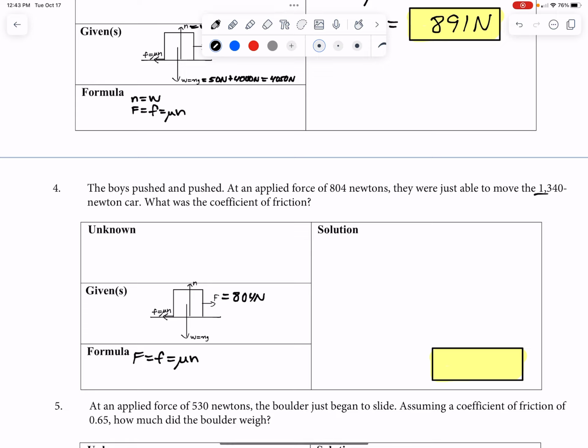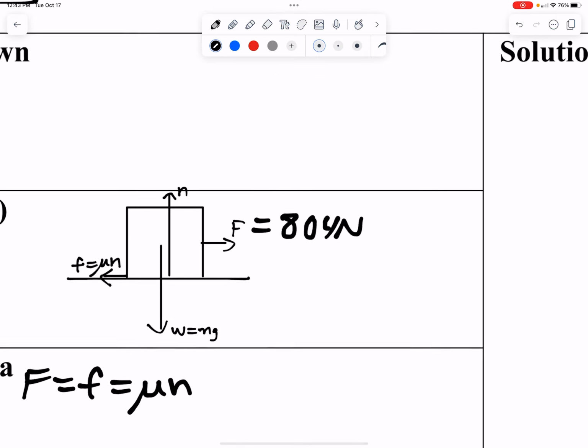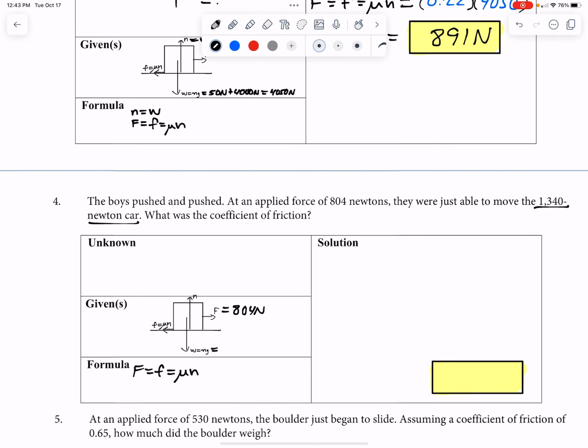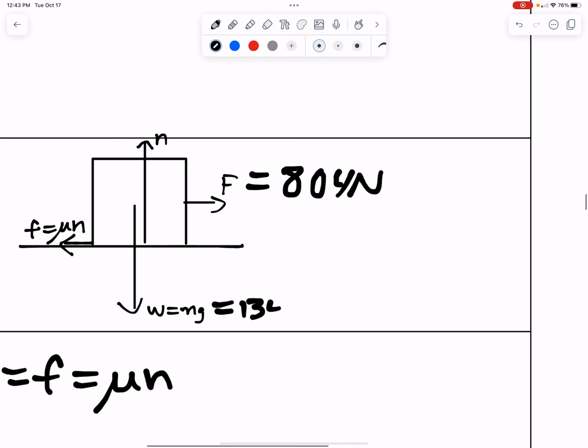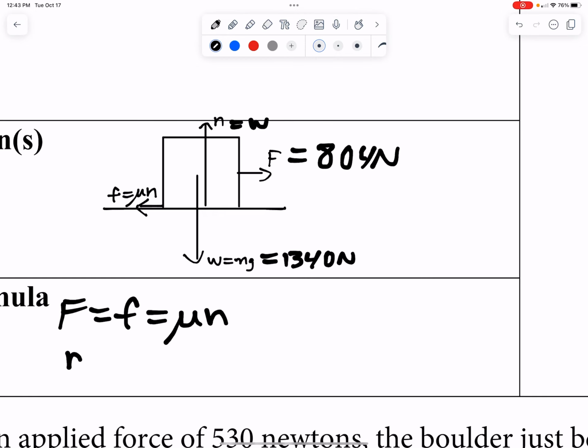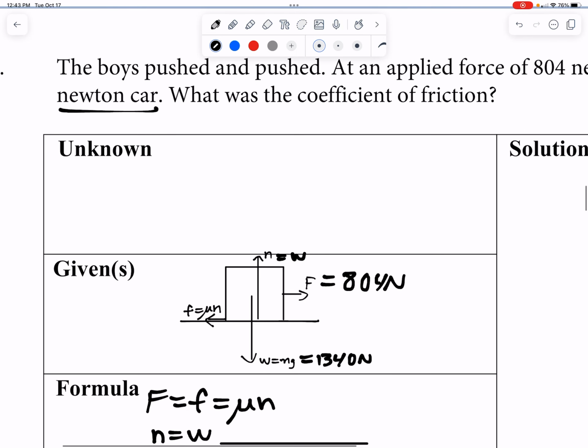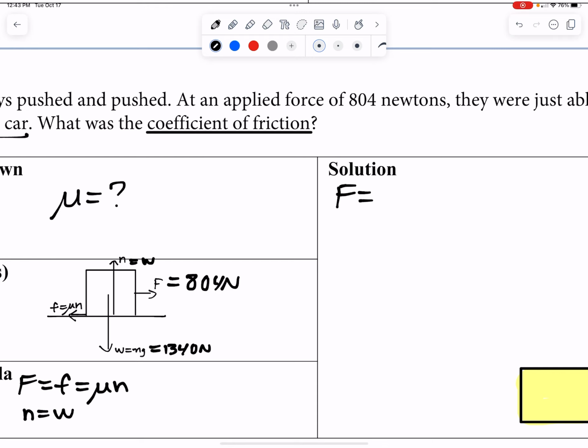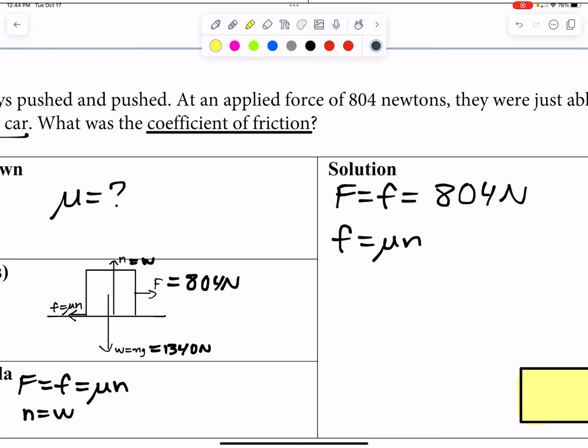We are given this right here, which is the weight of the car. 1,340 newtons is the weight of the car, and normal force balances weight. You're solving this equation for the coefficient of friction, which would be mu. So I know that force equals friction equals 804 newtons. I know that friction equals mu times normal force. And in order to solve for mu, I have to divide by normal force.